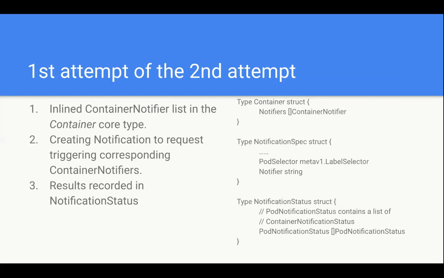First of all, it will create a good amount of pressure on the API server and also Kubernetes in the future, because it needs to process every single resource, every single pod that qualifies the selector. Secondly, the notification status will grow so big that it breaches the API server size limit, and you can no longer store all this status in the API server. So that's the very first concern.